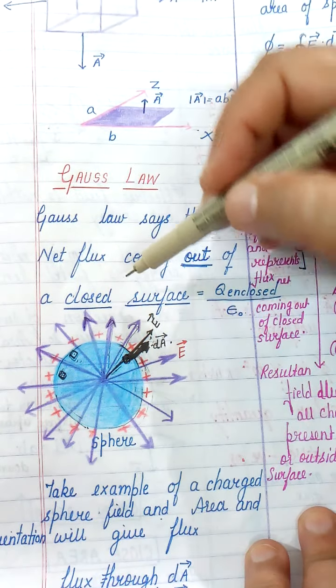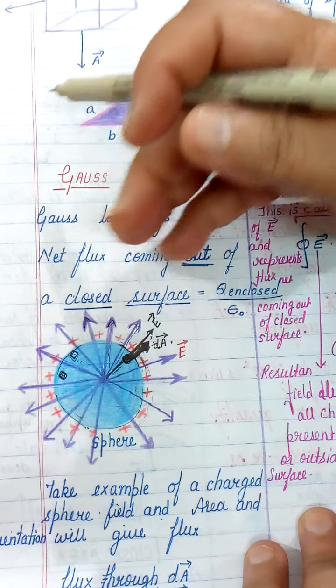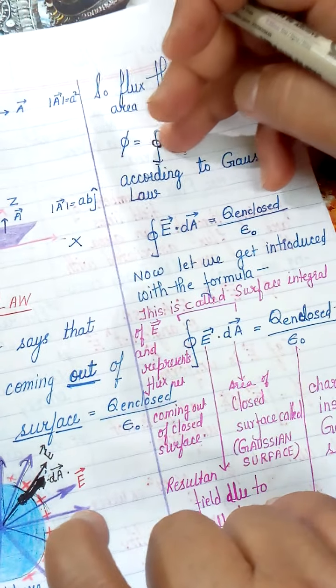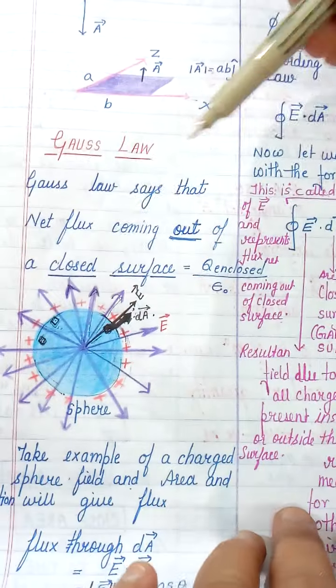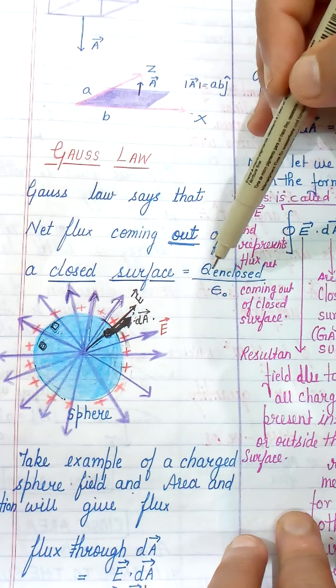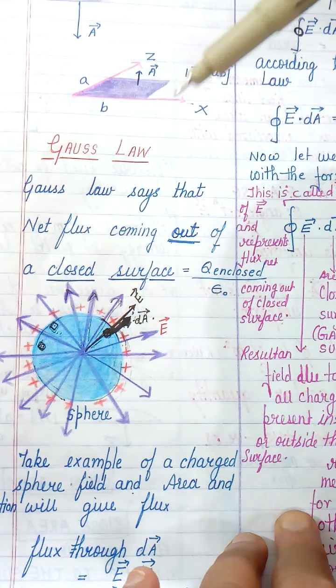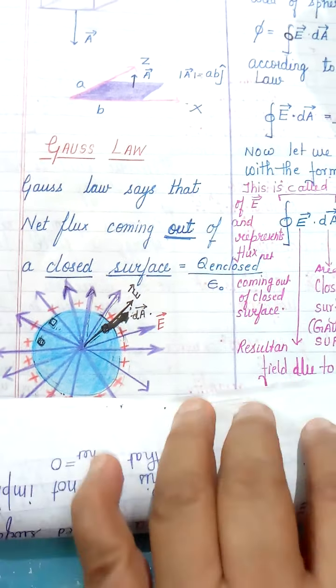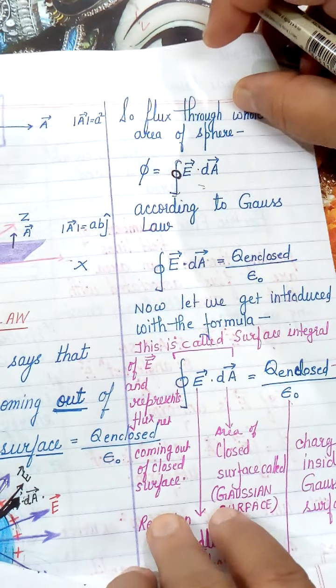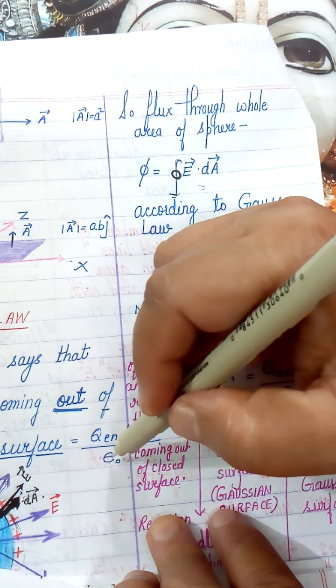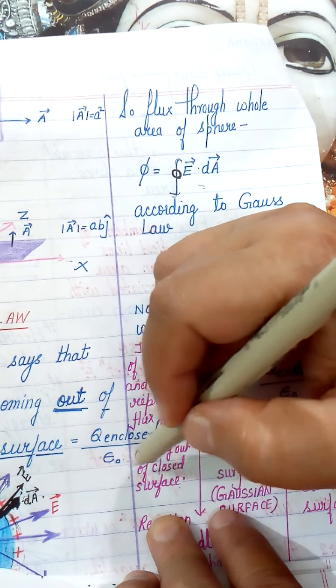Now let us again come to the statement, net flux coming out of the closed surface. We have written net flux coming out of the closed surface. Now they are saying it is equal to charge enclosed upon epsilon naught. Now here the main point is charge enclosed by the surface upon epsilon naught.